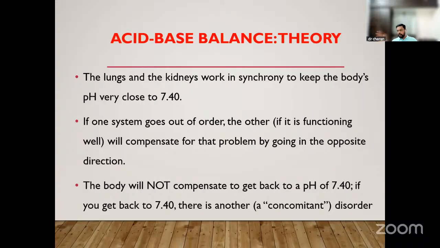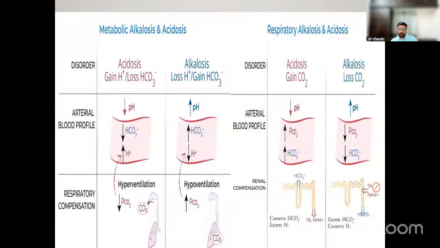It will only try to bring it toward a normal level. Most of the time, it won't bring the pH to normalcy like 7.4. Or if it is brought to normalcy, it is usually because there can be another disorder as well.